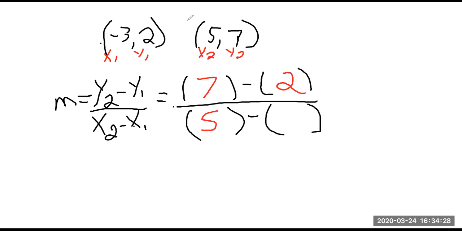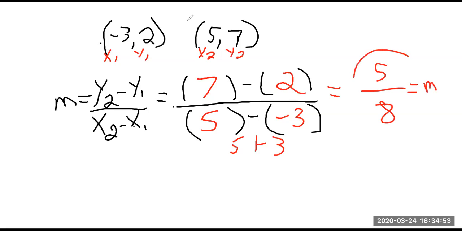Then the 5 goes next, and the -3 goes in the second. From there, we just simplify it. 7 minus 2 is 5. And the bottom, there's a negative in front of a negative, which makes that positive. So this really turns out to be 5 plus 3, which gives me 8. So this is the slope of a line between those 2 points.